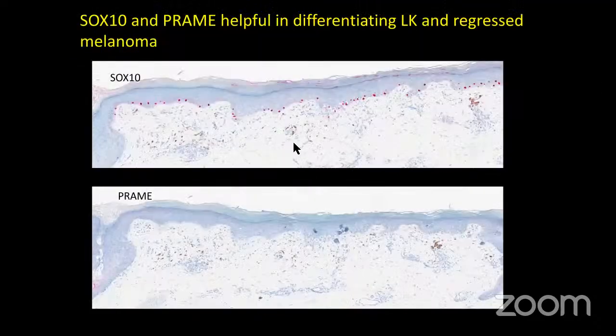You can also look at the melanocyte pattern with SOX and PRAME. So here, in a lichenoid keratosis, you usually have retention of the melanocytes. It's relatively equidistant. Sometimes the lichenoid tissue reaction can really mess these up a little bit, and they can even nest up a little bit and look like a melanocytic lesion because it's got a nest, but it's from just the disruption of the keratinocytes.